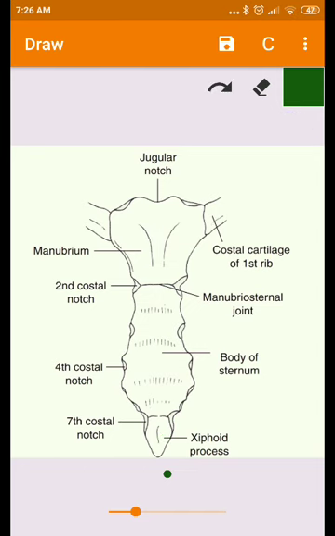So this manubrium is quadrilateral in shape. It is the thickest and the strongest part of the sternum, and it has two surfaces and four borders. It has some muscular attachments on the anterior surface.